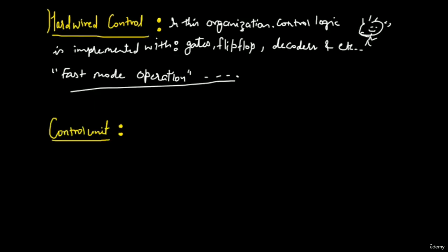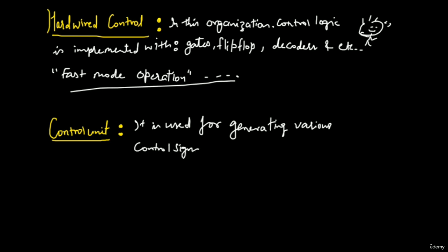In the control unit, what we have is that it is used for generating various control signals for operations, that is, what is going on or what it has to do.